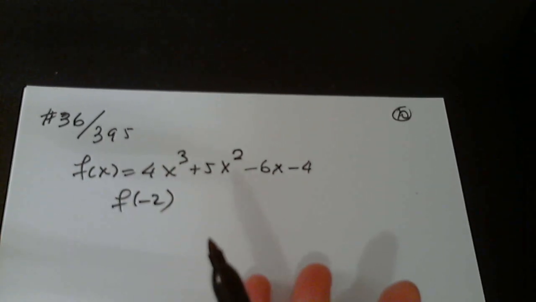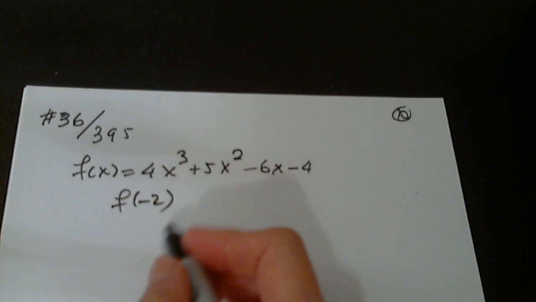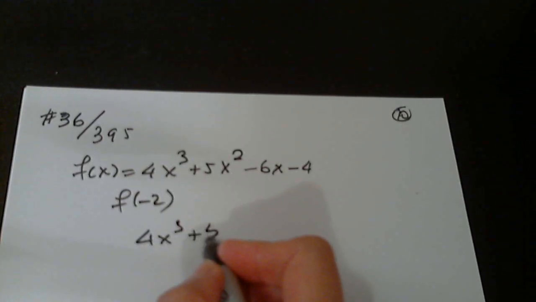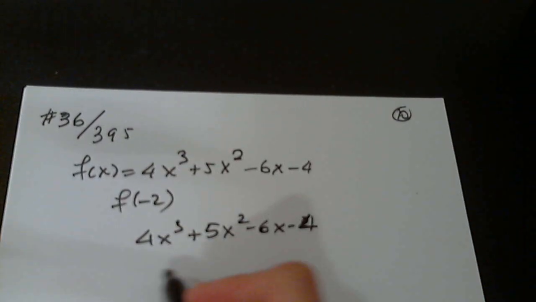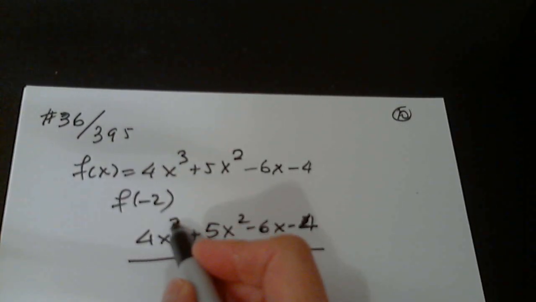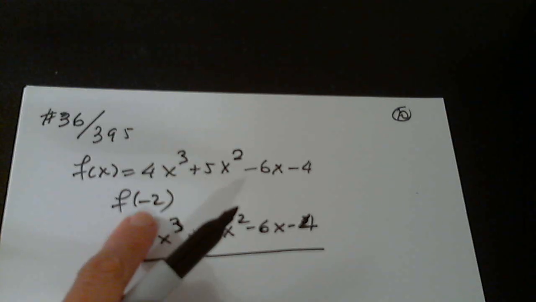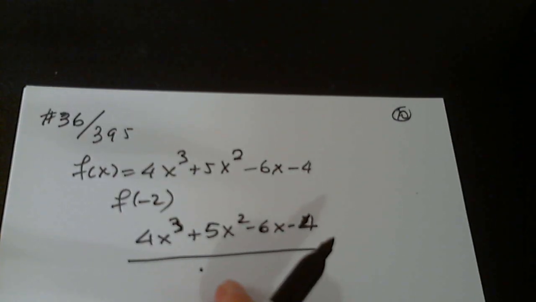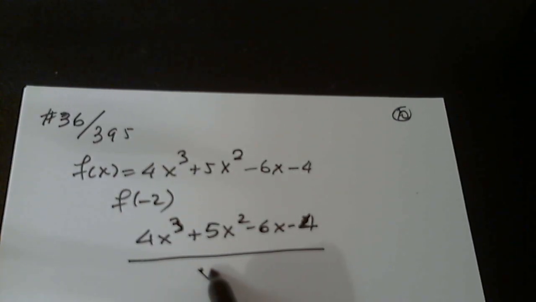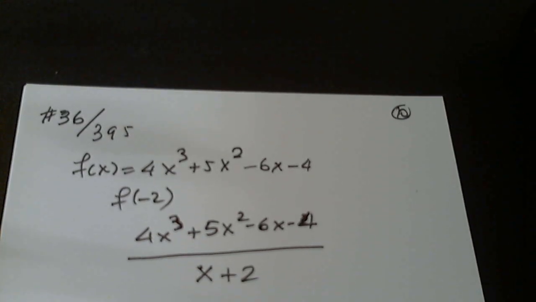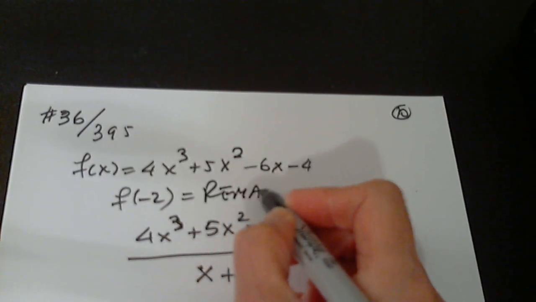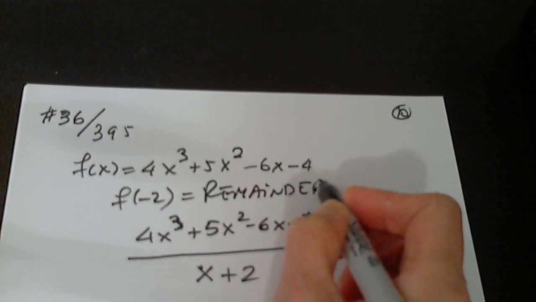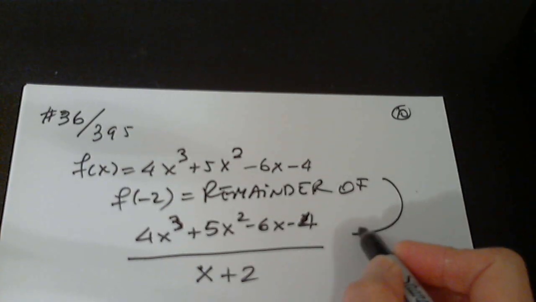So what they're really saying is that we have this polynomial 4x to the third plus 5x squared minus 6x minus 4 divided by, if it's f of negative 2, what do I have in the denominator? Is it x plus 2? Indeed, that's it. So this is nothing else but the remainder of this division.